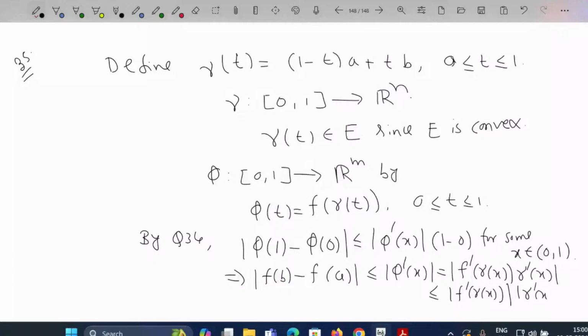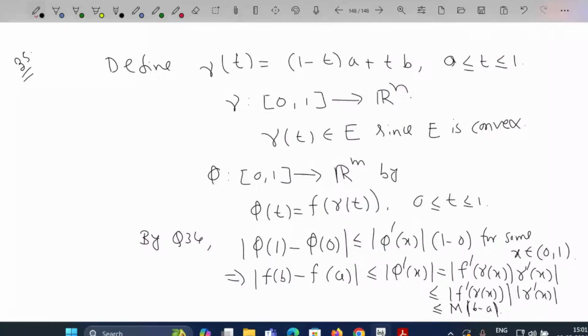Gamma dash t is nothing but minus a plus b, so b minus a, and f dash is less than or equal to M for all x. So this will be less than or equal to M into mod of b minus a. So we have proved it. That's how we proved our result.